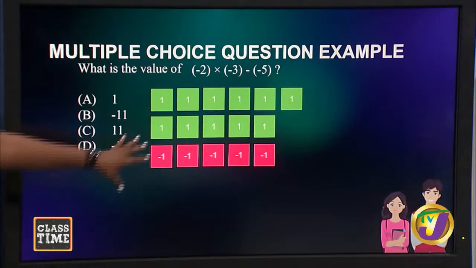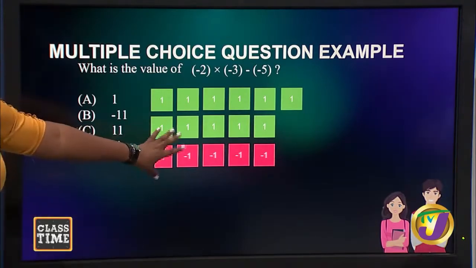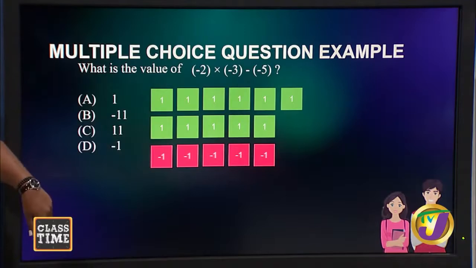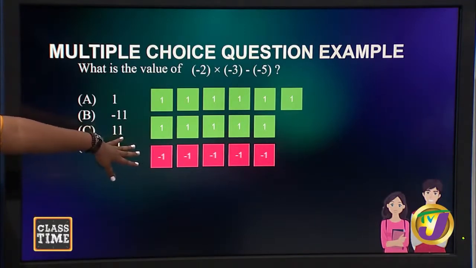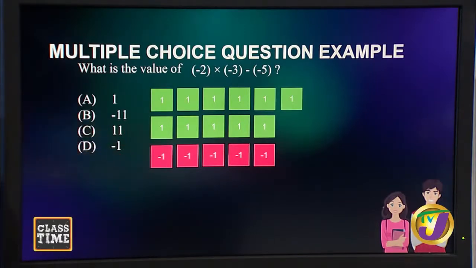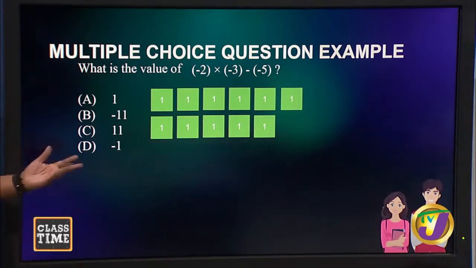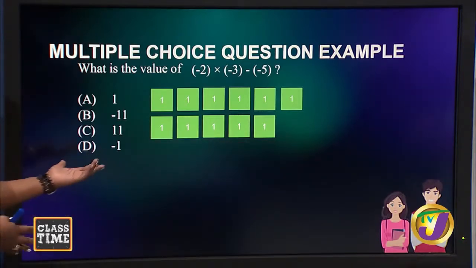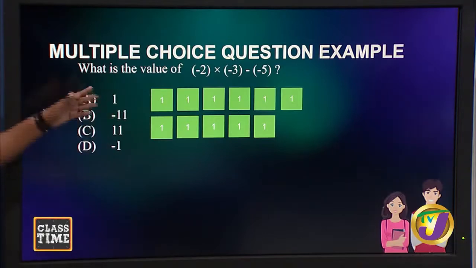Now I can subtract my -5, and the direction changed, so I'm simply adding 5 to the 6.